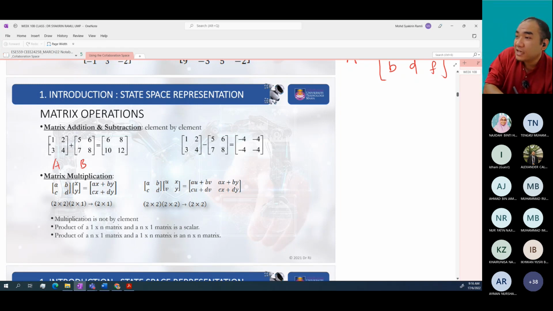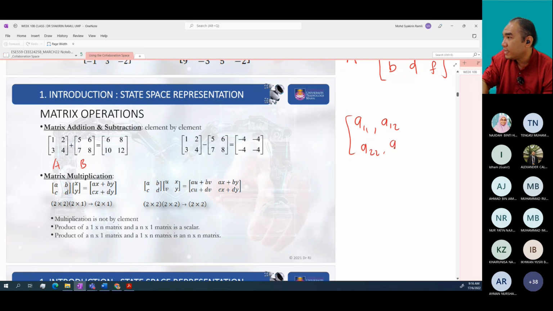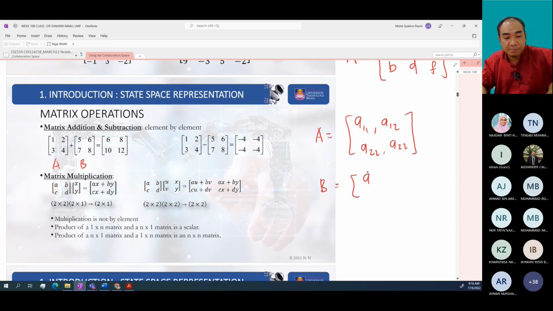So if we have this, 1 is the component of the matrix A11. Okay, let's denote it as A11, and this is gonna be A12, A21, and we have here A22 untuk matrix A kan, ini adalah matrix A. And then let's say we got our matrix B is equal to B11, B12, B21 dan B22.